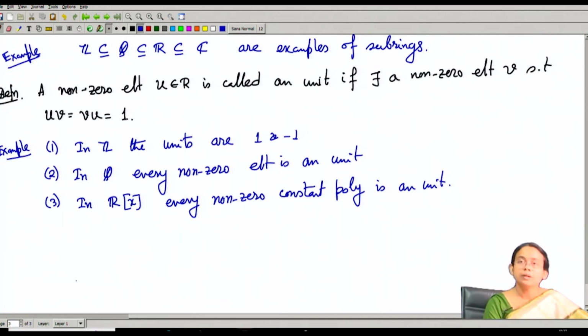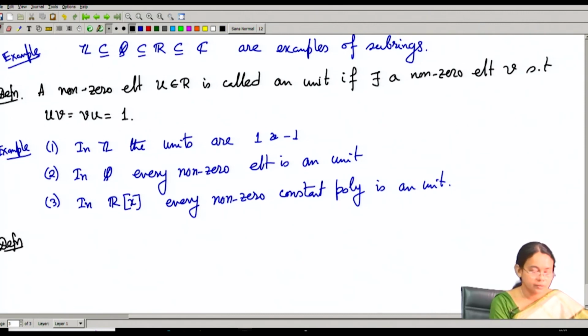Now, next I would like to define a ring where every non-zero element has a multiplicative inverse; that has a special name, which is known as a division ring.